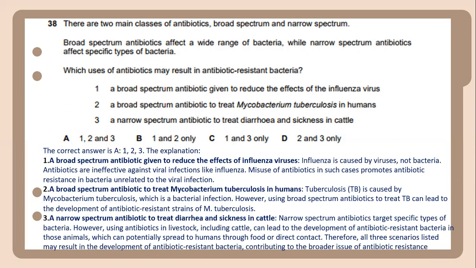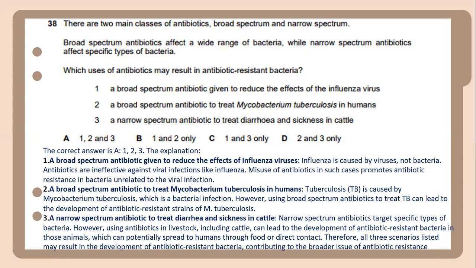So a broad spectrum antibiotic given to reduce the effect of influenza viruses is true because influenza is caused by viruses, not bacteria, and antibiotics are ineffective against viral infections like influenza. Misuse of antibiotic in such cases promotes antibiotic resistance in bacteria unrelated to the viral infections.